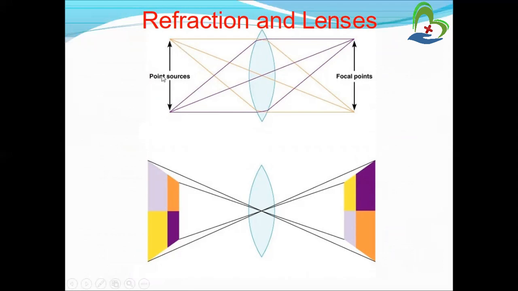These two are point sources and this is the focal point. When any light enters the retina, it will be bent from one medium to another, and due to this the image will be reversed. See, this is a transparent medium and this is another medium, so it will be bent.